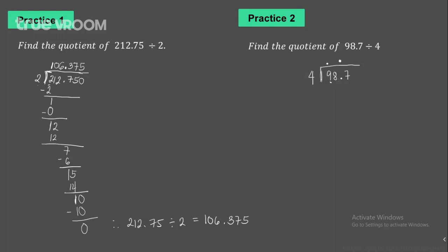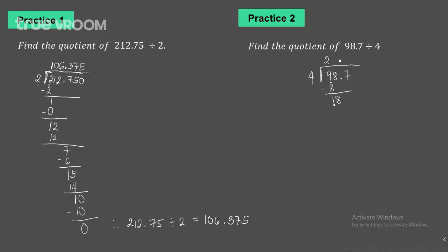Two. Yes, so you will write 2 right above 9. 2 times 4 is 8. So 9 minus 8 is equal to what? 1. So 1 is smaller than 4, then you need to bring down 8.